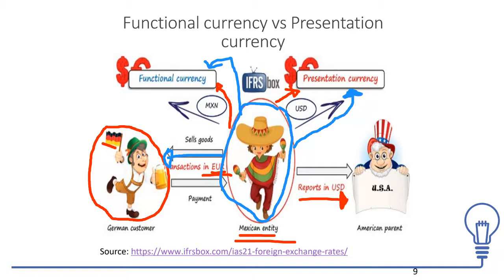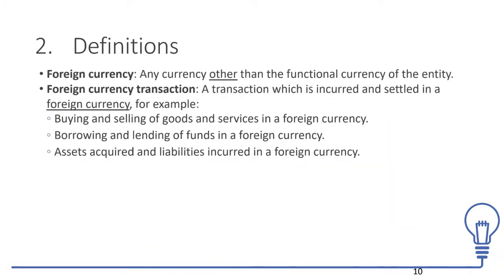I'm going to explain something to you, and don't forget this diagram because we're going to come back and I'm going to ask you a question. Okay, so a foreign currency, right? So far we spoke about functional currency, presentation currency. Now we're speaking about a foreign currency. A foreign currency is any currency that is not the functional currency. Any currency that is not the functional currency is a foreign currency.